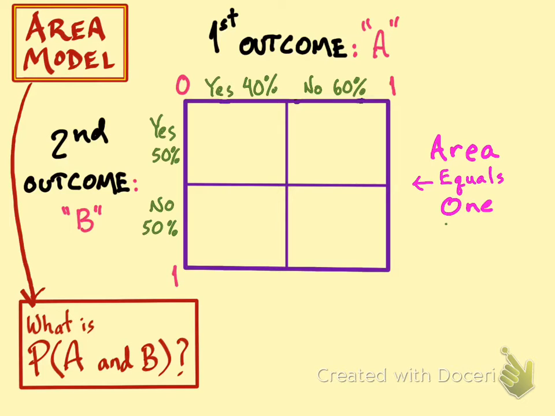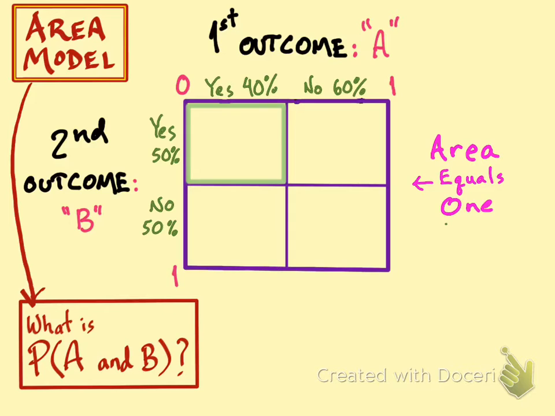If we want to answer that question, what is the probability of A and B? It's actually very simple. It's about as simple as finding the area of a rectangle, which, as you know, is multiplying base times height. So we're going to multiply these two numbers. That upper left-hand little cell in our area model represents where A is yes and where B is yes.